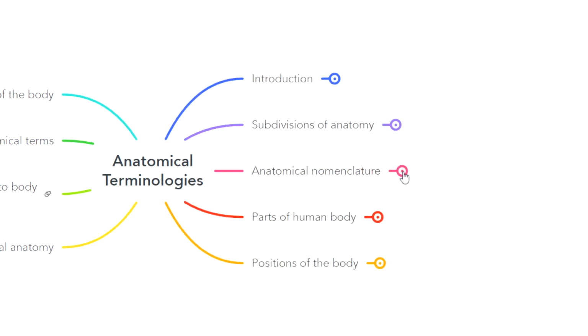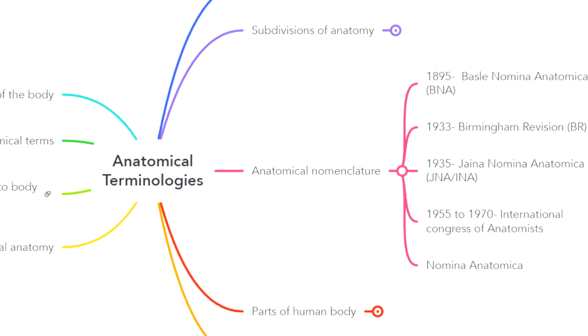Now coming to anatomical nomenclature, we discussed a brief history of how the nomenclature was derived and how it was approved in different conferences, which occurred in different places and countries, by the anatomists.